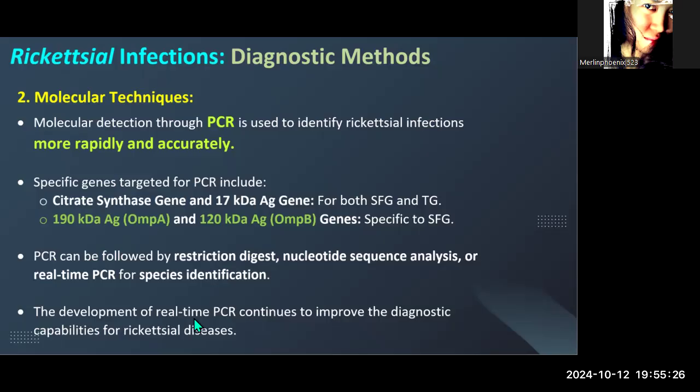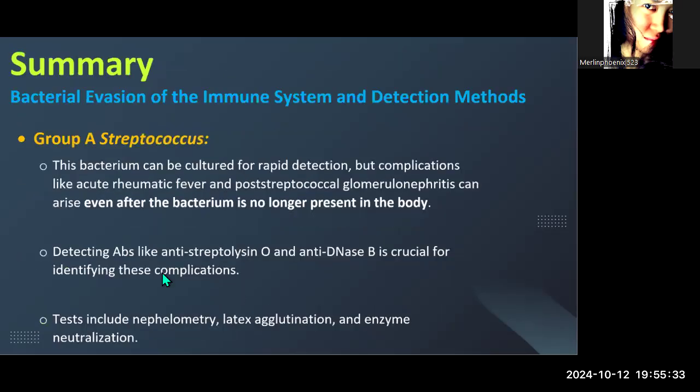And the advancement of real-time PCR enhances diagnostic capabilities for rickettsial diseases. So in summary, for group A streptococcus, this bacterium can be cultured for quick or rapid detection. However, complications like ARF, acute rheumatic fever, and post-streptococcal glomerulonephritis can arise, guys, even after the bacterium is no longer present in the body.